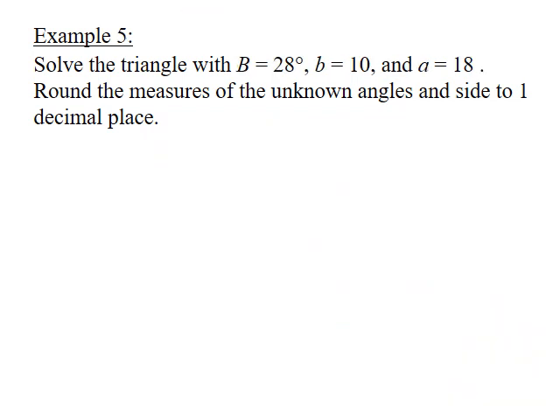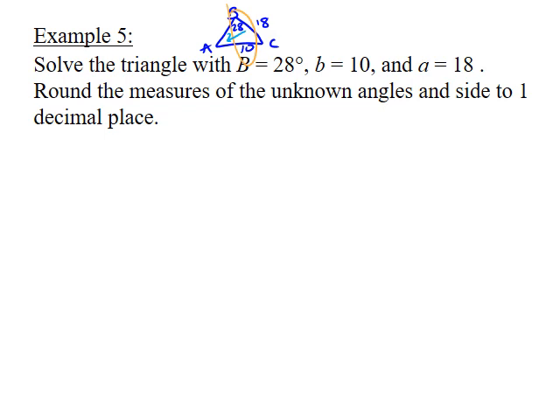Let's try another example. Okay, we're going to set this up first by making a triangle. I think it's helpful to visualize what's going on here. I'll use B, and then I must find angle A first.